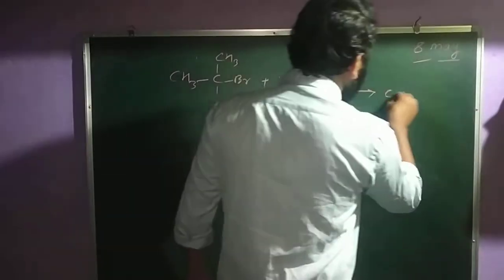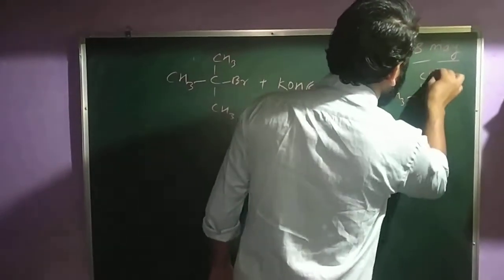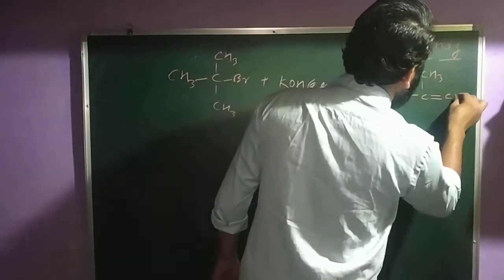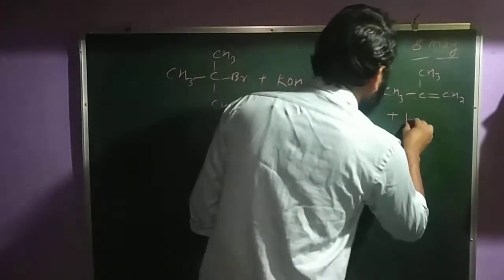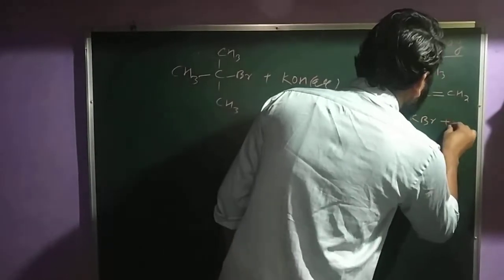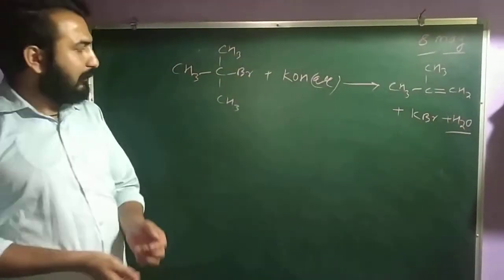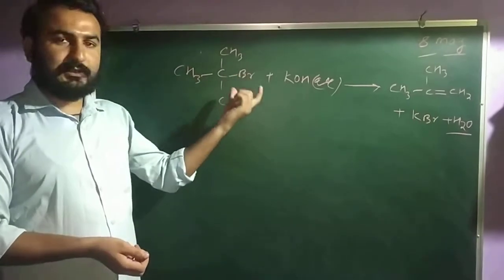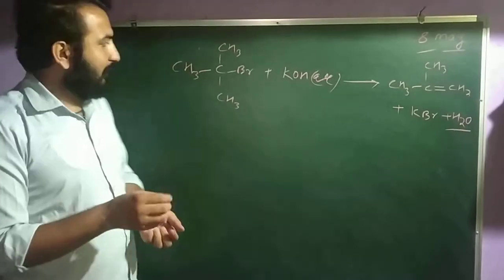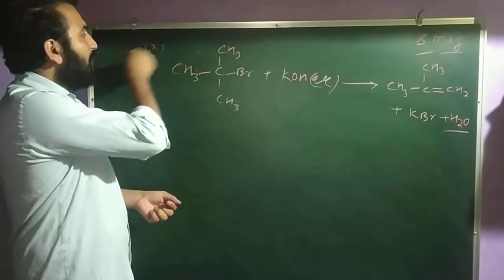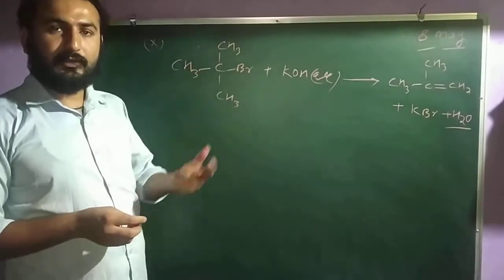So the alkene is (CH3)2C=CH2 plus KBr plus H2O. Clear? That means in third degree haloalkanes you are not getting any alcohol. Clear? That means this method is not used to prepare alcohol from third degree haloalkanes.